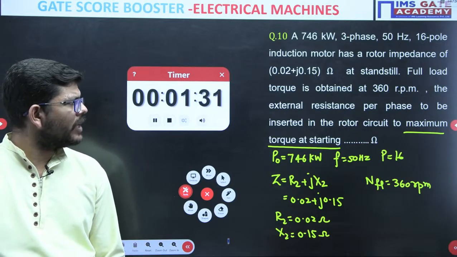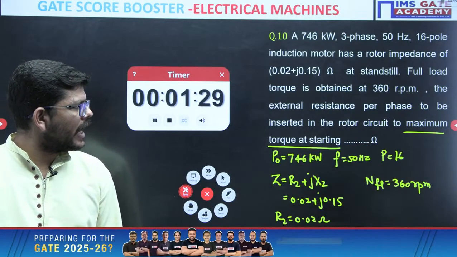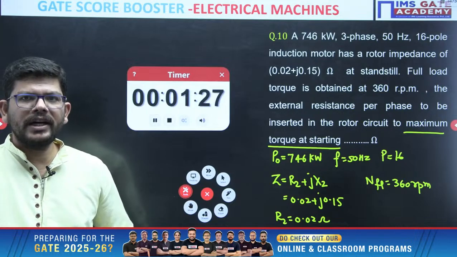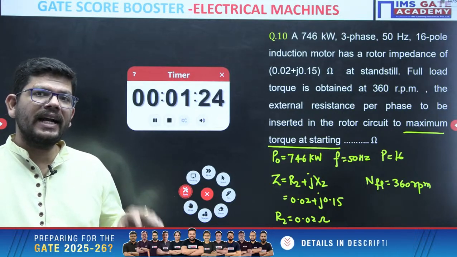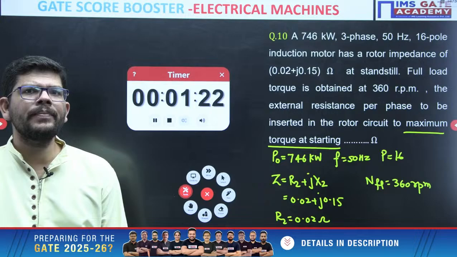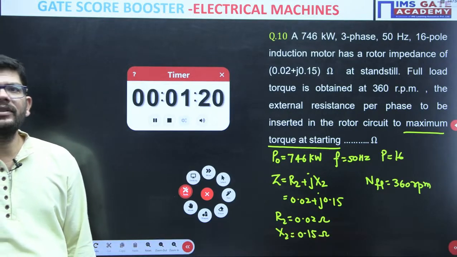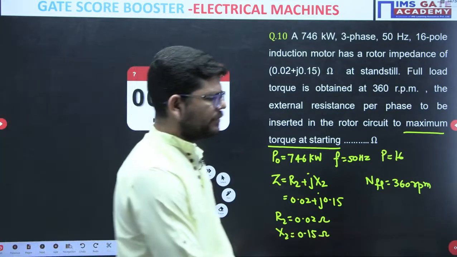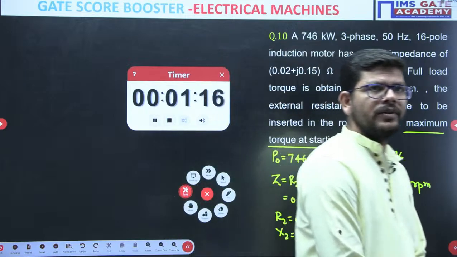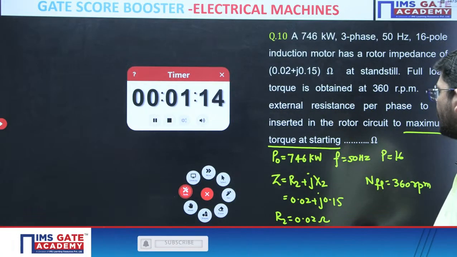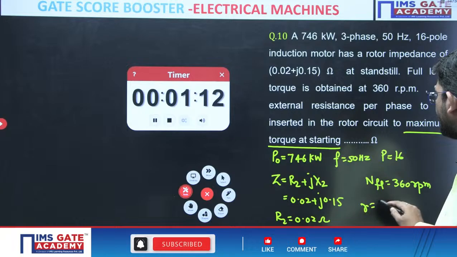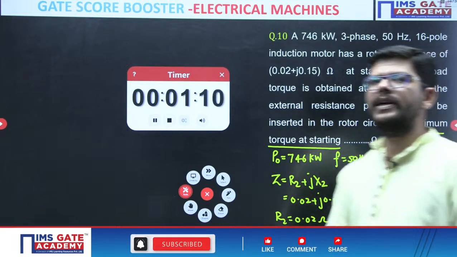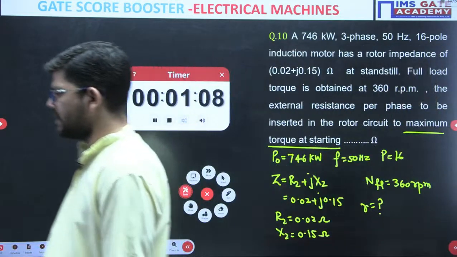We have to calculate the maximum torque at starting. So maximum torque is occurring at starting. Okay, mind these words. Come on, you can calculate this answer. We have to calculate what is going to be the extra resistance that we are going to add to obtain this condition.